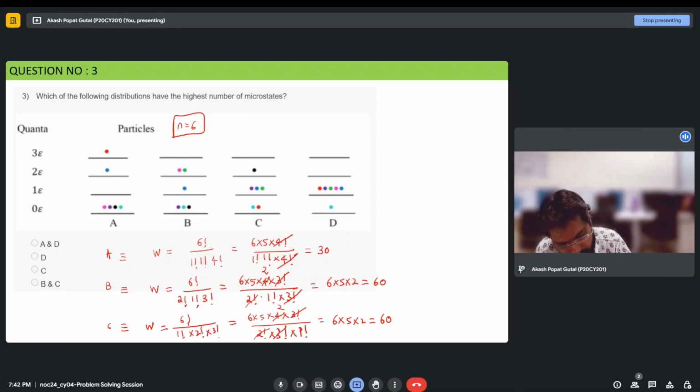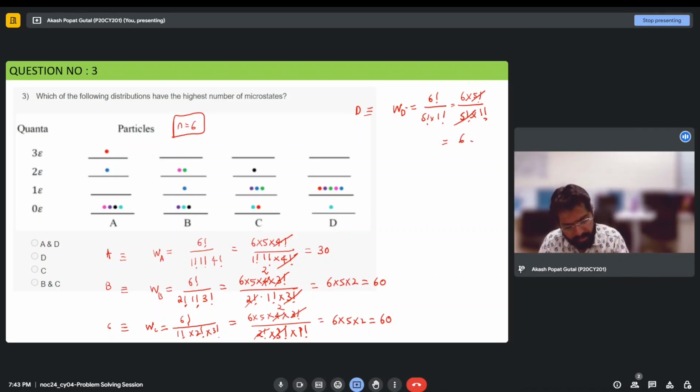And for system D, the number of microstates is 6 factorial divided by 5 factorial cross 1 factorial. So that is 6 cross 5 factorial divided by 5 factorial into 1 factorial. 5 factorial cancelled, which is only 6.